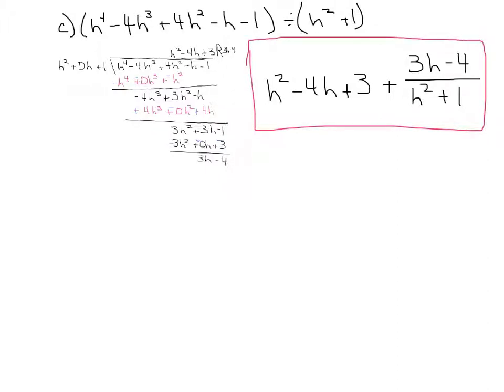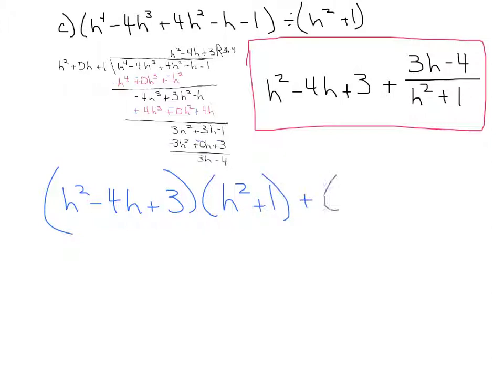And to check it, you would multiply h squared minus 4h plus 3 times your divisor, h squared plus 1, and then you would add your remainder, which is 3h minus 4. So let's go ahead and do that, and we'll use the box method to do our multiplication.